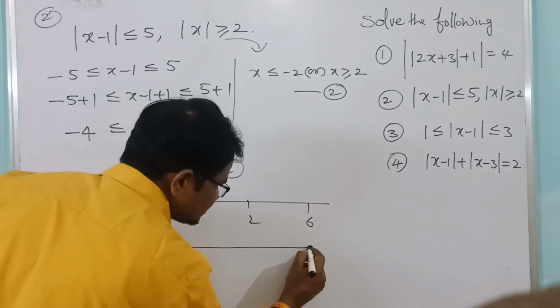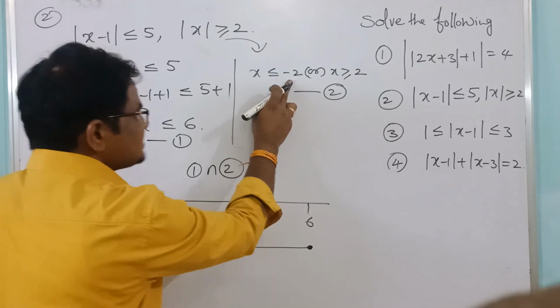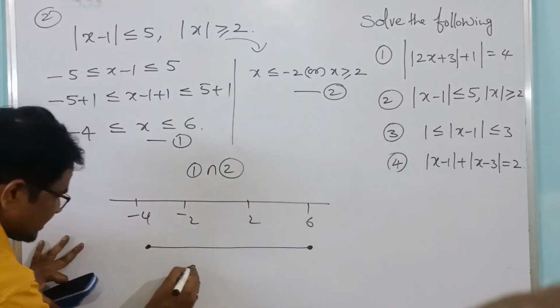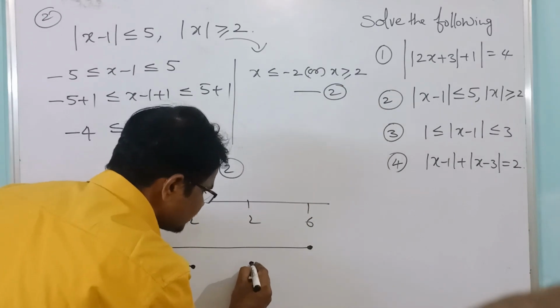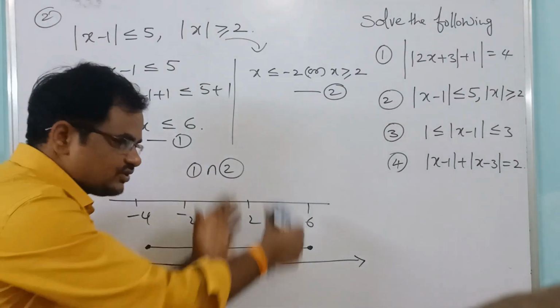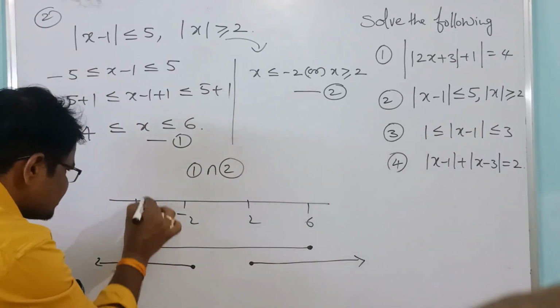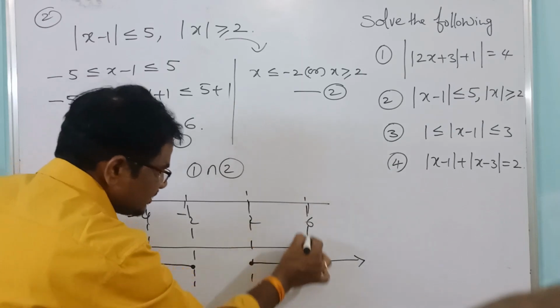Closed interval means we have to take a closed circle like this. Now here x less than or equal to minus 2, and x greater than or equal to plus 2. From this, we have to take the common values. So what are the common values? Here to here and here to here.